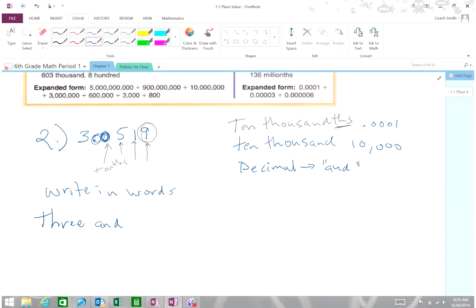How would you say that number right there? Do we need the 0? If that's just a regular number, do we need the 0? No. So how would I say that number? Somebody say it to me. 519. That's how we say that number. Then we have to put the place value on it. So we have 519 ten-thousandths.